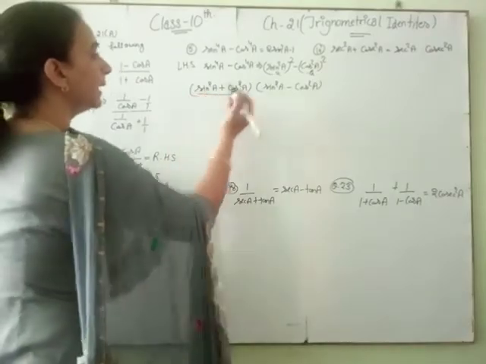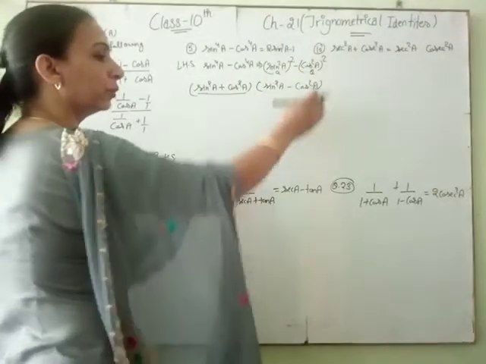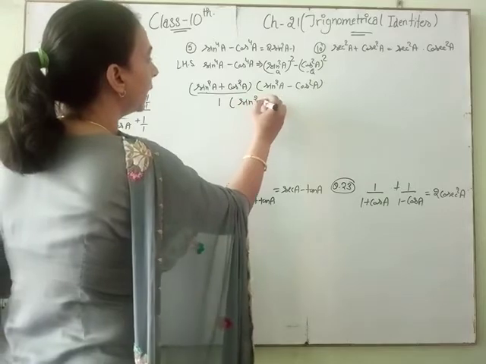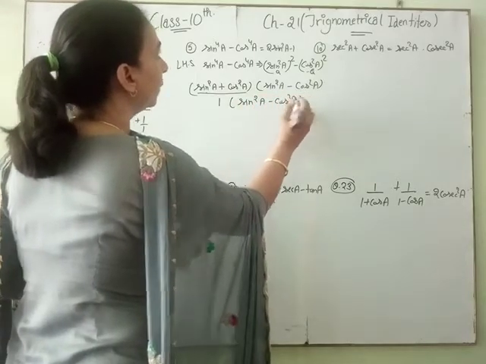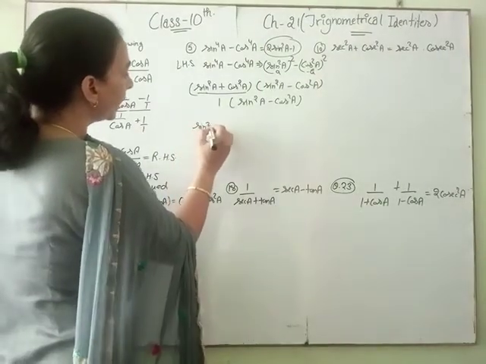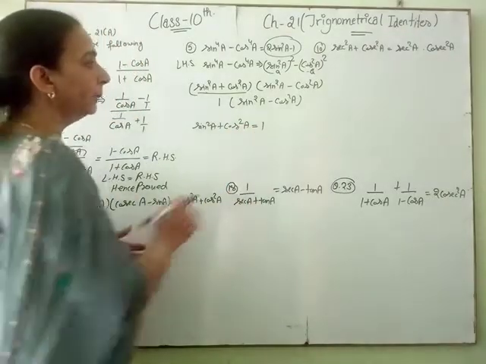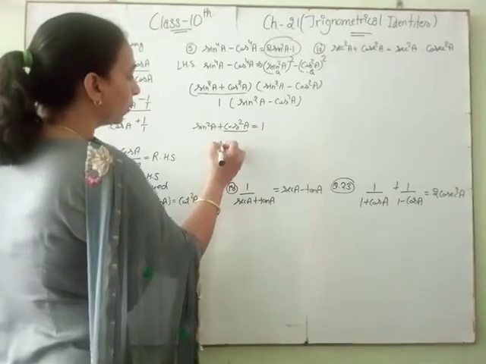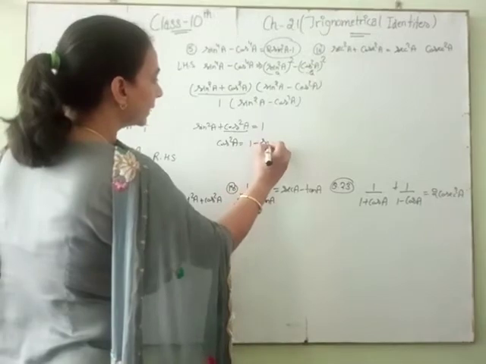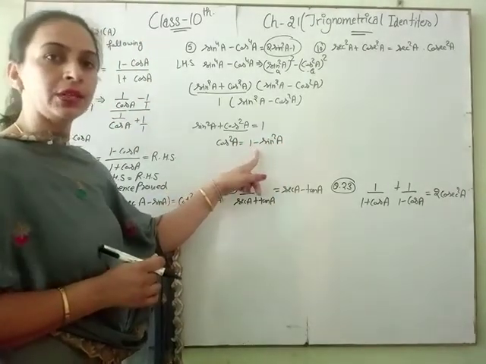And what is this? We know that sin square a plus cos square a equal to 1, according to the result. So this is 1 into sin square a minus cos square a, but we want the result in form of only sin. We know that sin square a plus cos square a equal to 1, so you find the value of cos square a, which equals 1 minus sin square a.